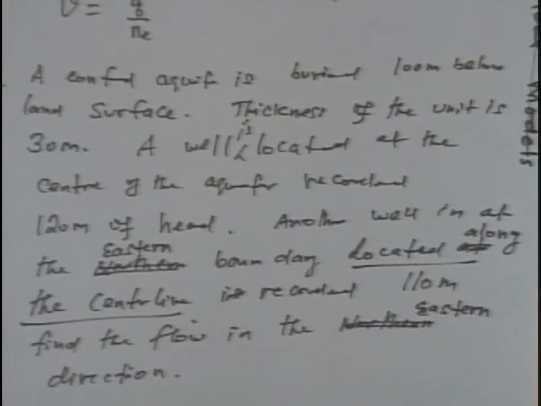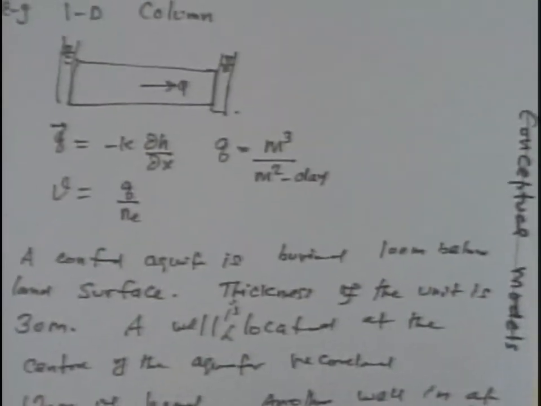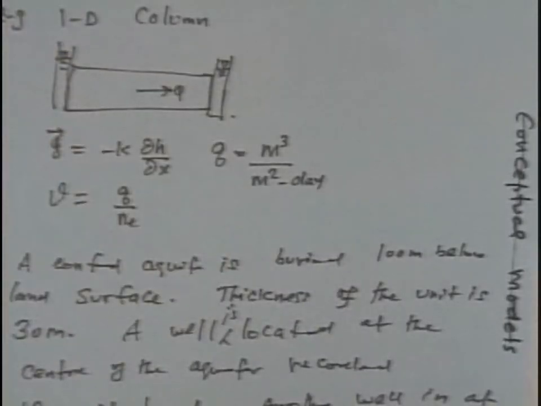And this could be a problem like this. Think of, say I started drilling below here, okay? So let's call this the center, I mean, the center is anywhere, right? So I started drilling from here, and I found there is a confined unit, okay? And I hit the confining unit at 100 meters below the land surface.